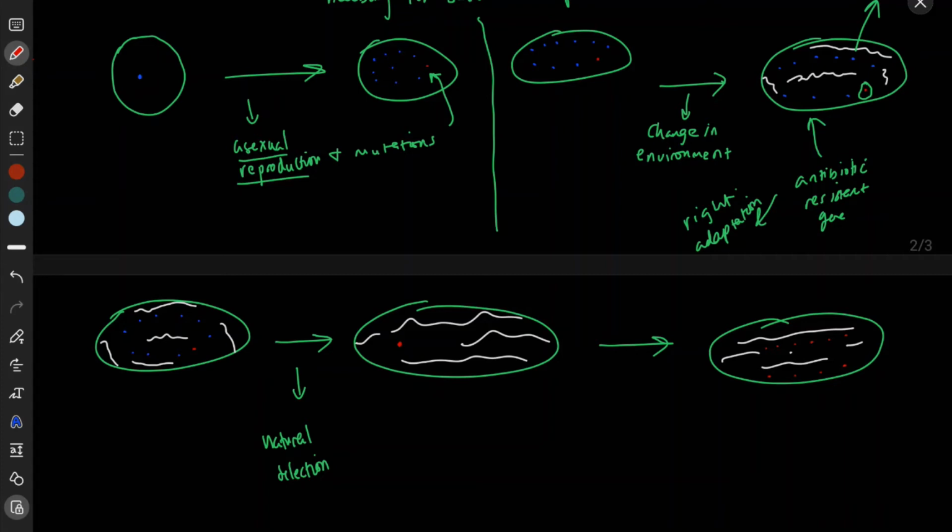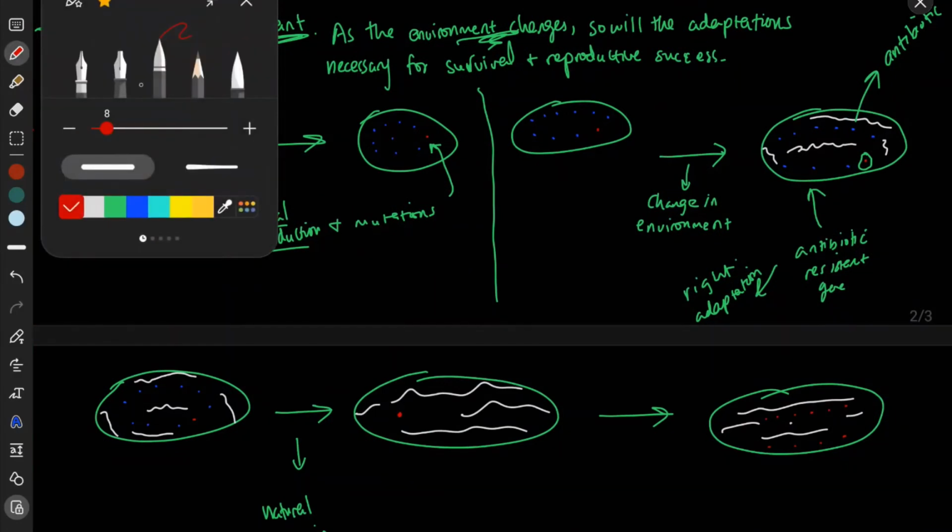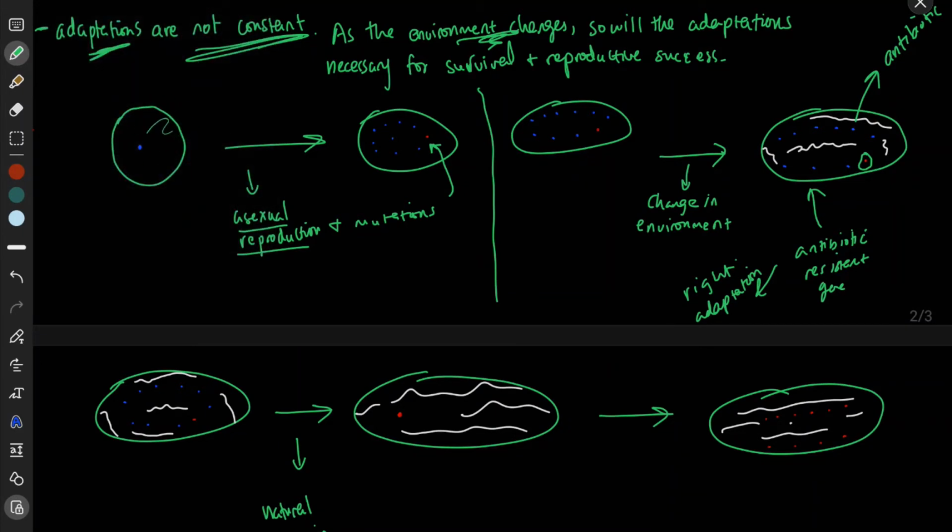So let's go through this one more time. I know it was kind of messy because we were still drawing it out, right? So first, let's go back to green. Okay, so first right here we have just a petri dish with a single colony of bacteria that do not have the antibiotic resistant gene, right?